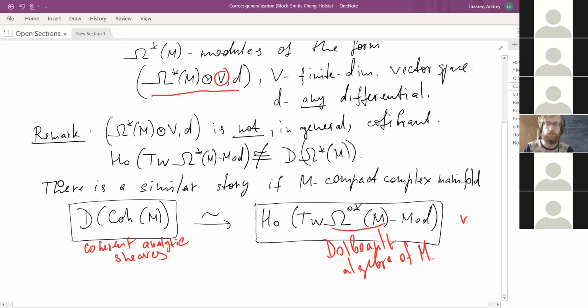This formulation also belongs to Chuang, Holstein, and myself, although a very similar and pretty much equivalent formulation was given by Bloch quite a long time ago, maybe 10 or 15 years ago.